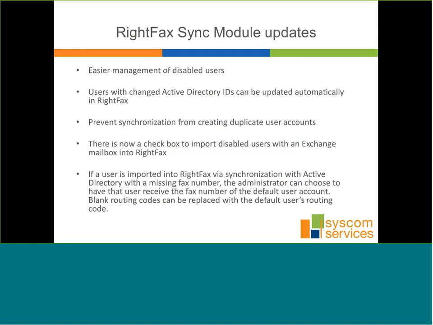Before, RightFax really ignored users that were disabled in Active Directory when it came to synchronization. If user IDs in AD are updated or changed, they are also updated automatically in RightFax.